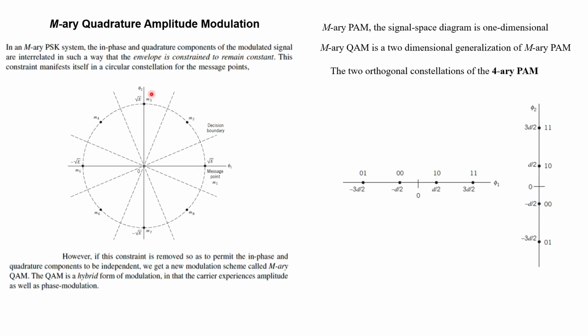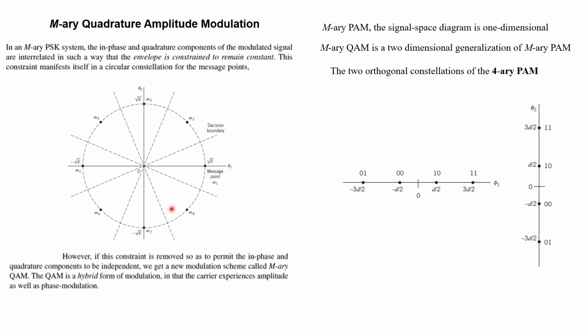The next configuration is M-ary QAM. In M-ary PSK we interrelated the envelope, which is constrained to remain constant; that is, the in-phase and quadrature components are constrained to remain constant here. Because of this, the constraint results in a circular constellation for message points as shown here.